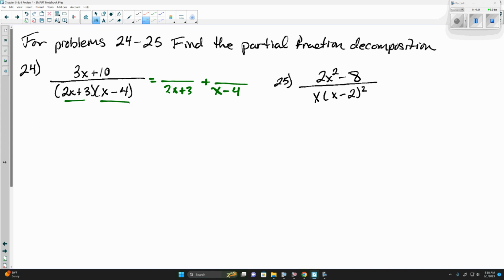Well, we have 2 factors of this denominator, and each one of them is degree 1. So that just means the numerators for our 2 fractions are going to be A and B. At this point here, we're going to multiply everything by both fractions.